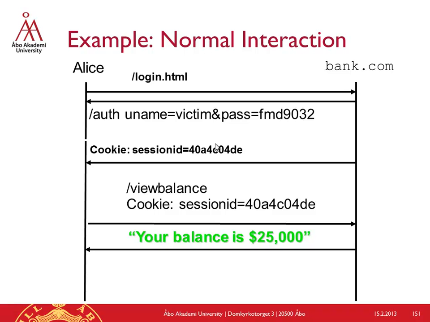Afterwards, Alice is able to submit another request to that server with a parameter view balance, and the cookie will be submitted automatically, and the server will reply with the amount on her account.